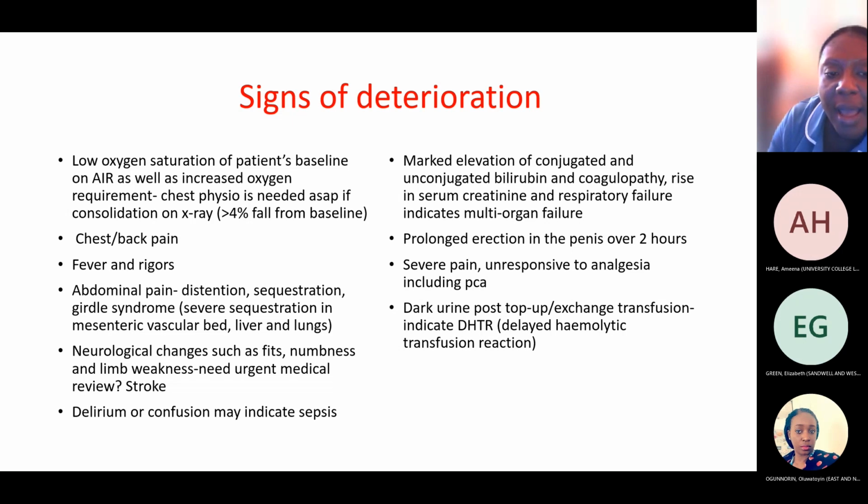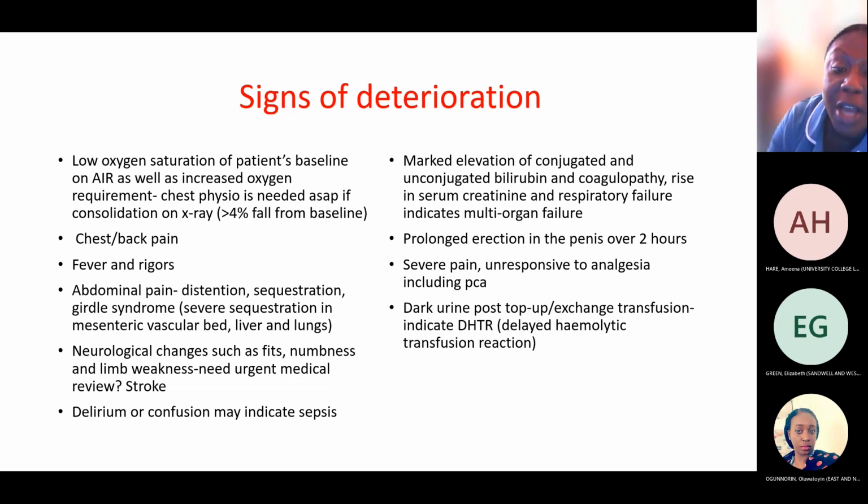We don't normally give patients blood transfusion for just vaso-occlusive crisis, but if you've put in all interventions with their pain relief, they're not having any other signs or symptoms of deterioration, but their pain is just not getting under control, sometimes we may give them a top-up transfusion depending on their HB, or an exchange transfusion, but we don't tend to do that as a first thing.